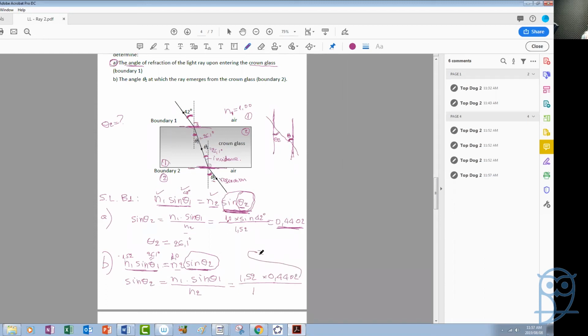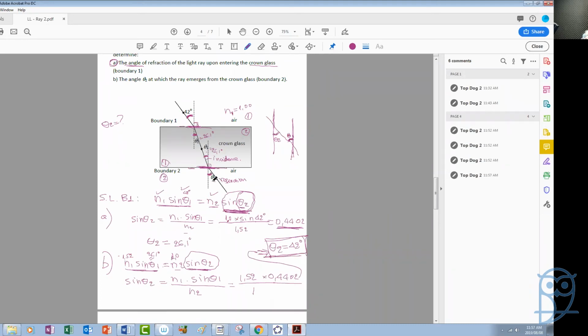Let's continue from there. If we solve again for the angle theta 2, what are we going to find? That this theta 2 is 42 degrees. Okay, 42 degrees. And look at this angle that we found.